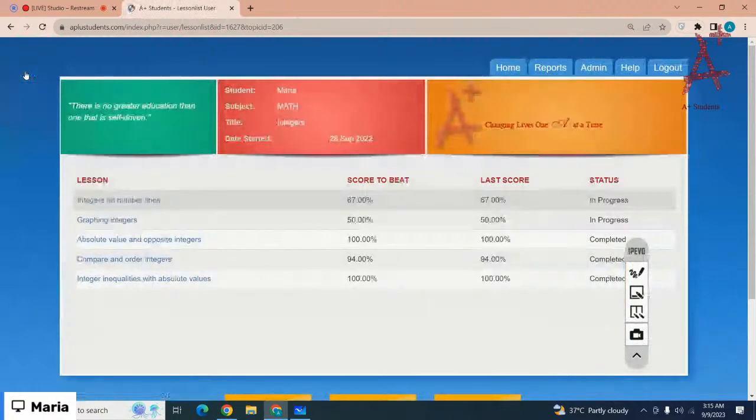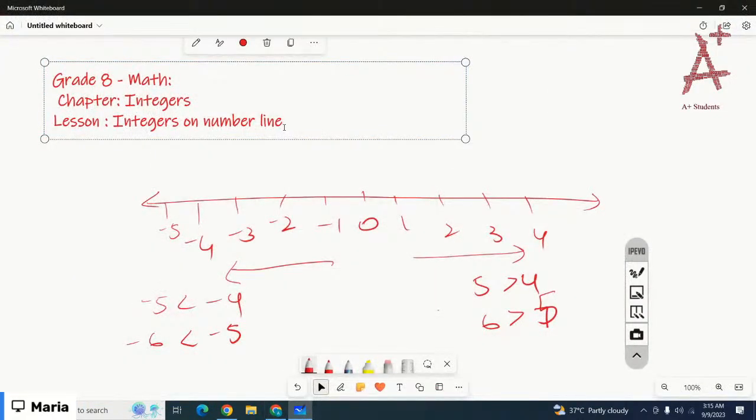Okay, let's just start with the lesson, that is absolute values and opposite integers. So first we're going to learn what are the absolute values, right?